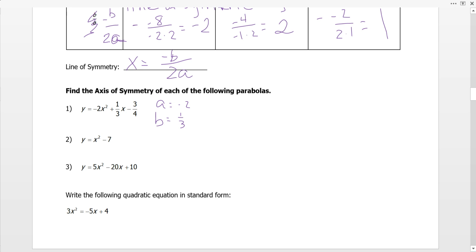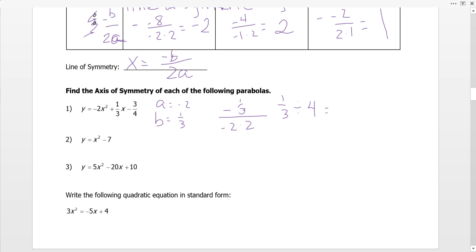So the line of symmetry is going to be -1/3 divided by -2 times 2. So let's think about what happens. First of all, my negative signs cancel out. So I have 1/3 divided by 2 times 2, which is 4.